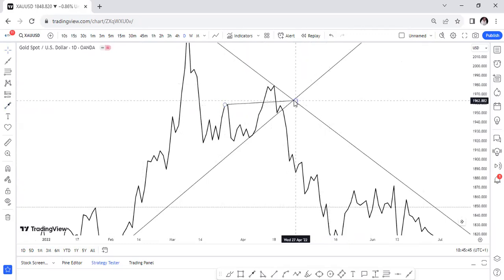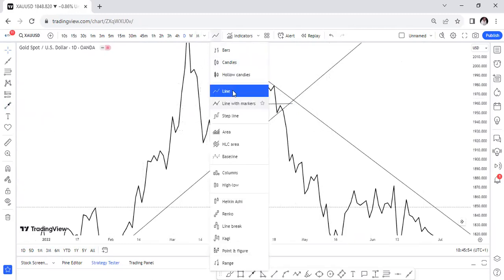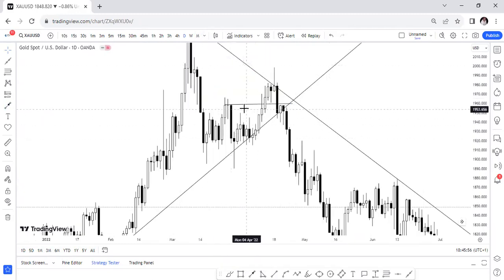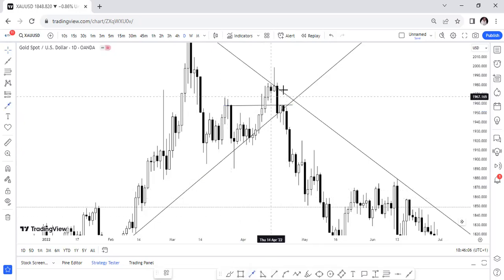If we have an SNR here that price taps into, it makes that place beautiful. If you look at the candlestick, you can see that we have an SNR here, and price tapped into it. So it gives you a good opportunity to sell here, because it's a fresh level.